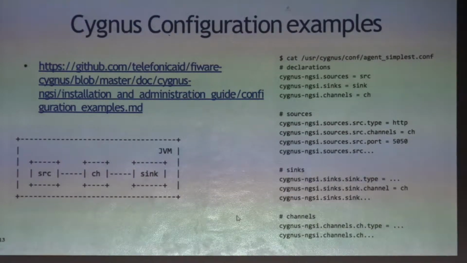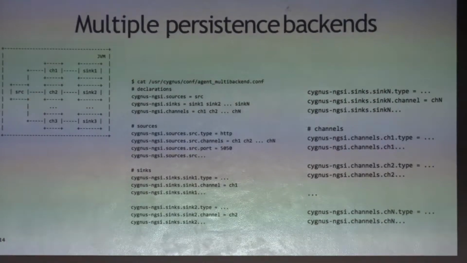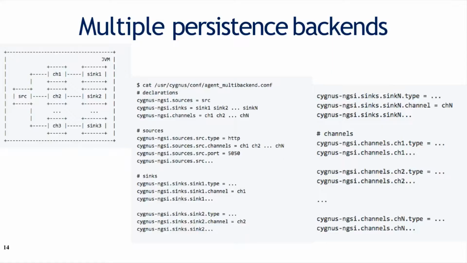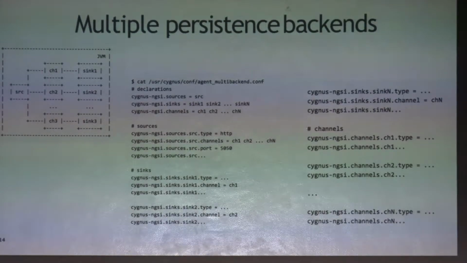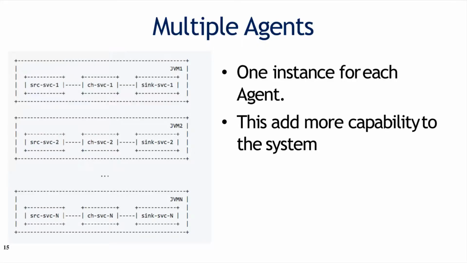And then you can define some sinks, that is where you want the data to go. So you can see that you can define multiple sinks. Sink means if you want your data to go to multiple destinations, that's your sink.